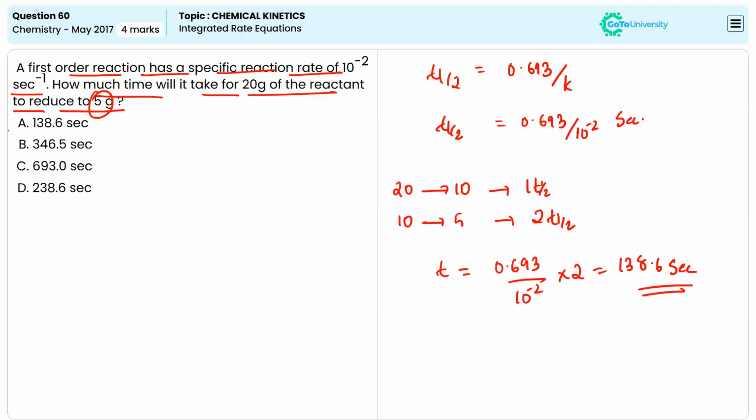This is the simplest way for this calculation, because 20 to 5 means it will take two t halves. So the first t half is 0.693 by 10 to the power minus 2, and 2 t half means that times 2, so it will be 138.6. So this is the way to find out this one.